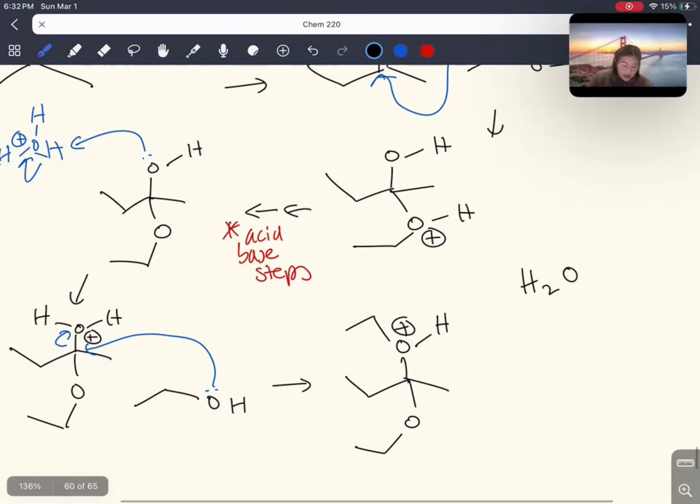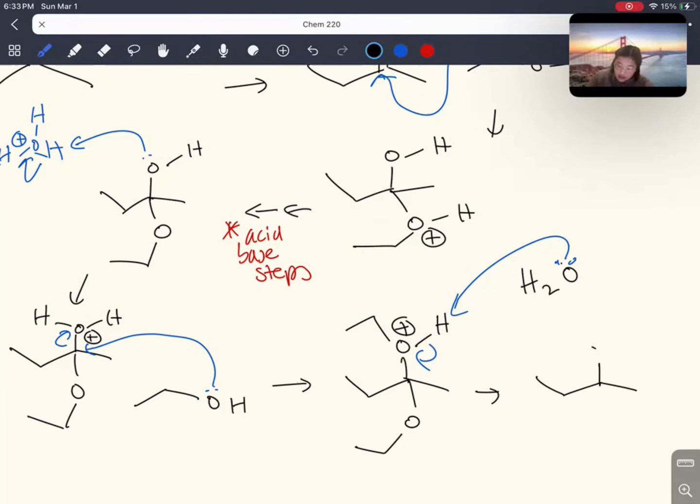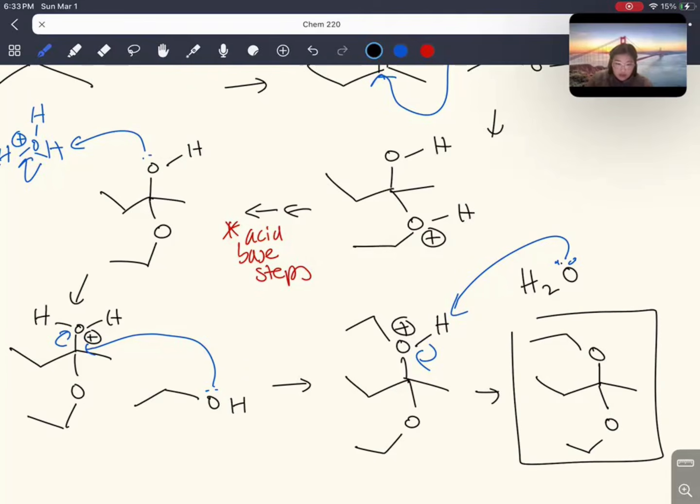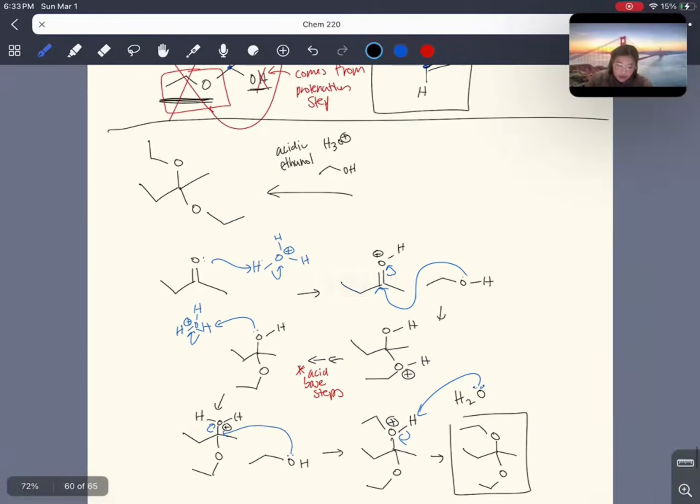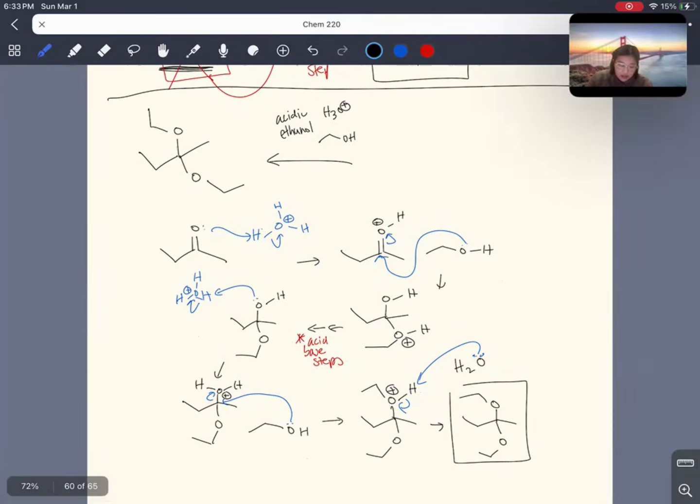And at the same time, if we perform the same acid-base steps where the oxygen deprotonates that hydrogen, then we get our acetal product. So that is how the forward mechanism works, how you go from a ketone to an acetal.